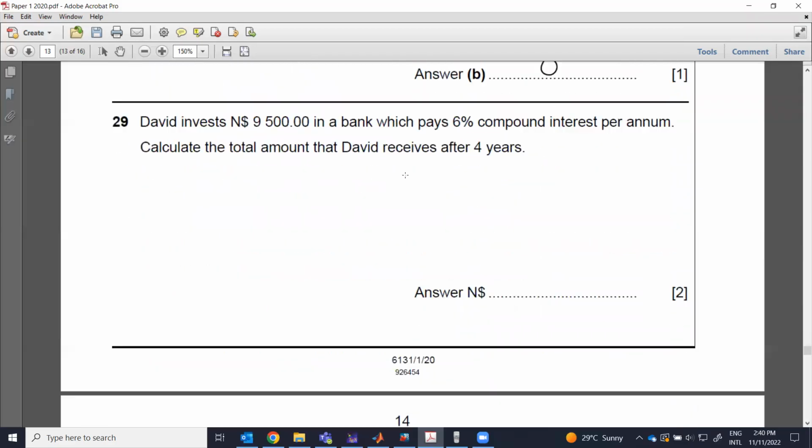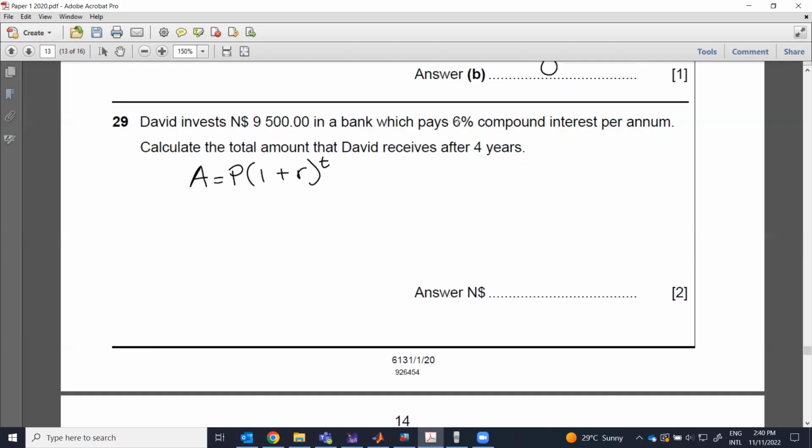Okay, number 29, David invests 9,500 in a bank which pays 6% compound interest per annum. Calculate the total amount that David receives after 4 years. So you need to remember your formula for compound interest. The accumulated amount is the principal times 1 plus the rate to the power of t. And remember that your rate must be over 100.